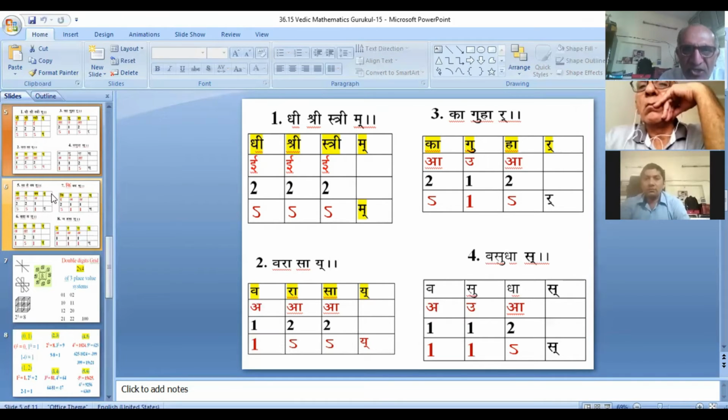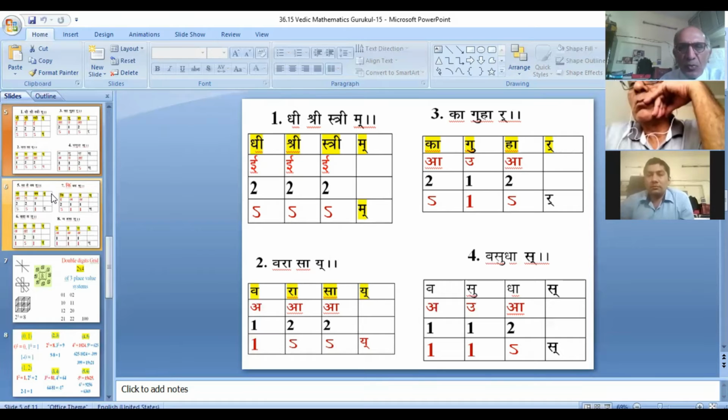Therefore, we have mentioned in the second row E, E and E. It is indicative of the vowel being availed in the text. And then in the third row, we have mentioned 2, 2 and 2. This means the value attached to this elongated vowel is 2.